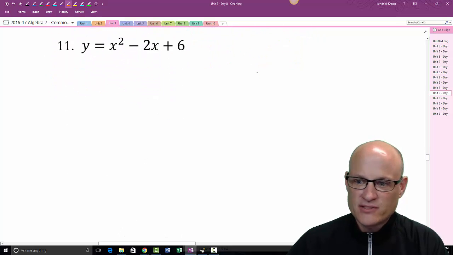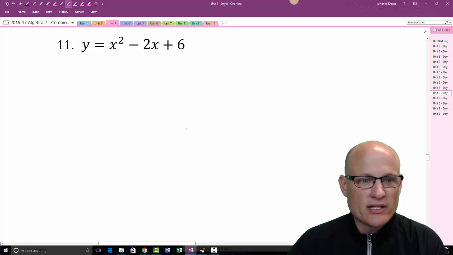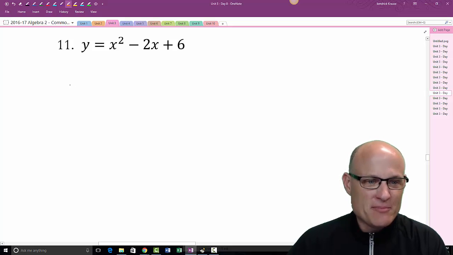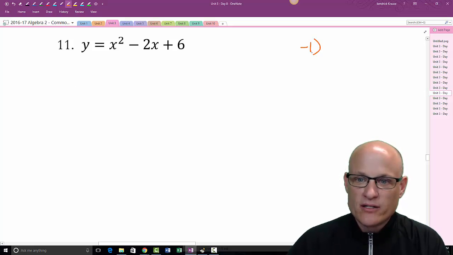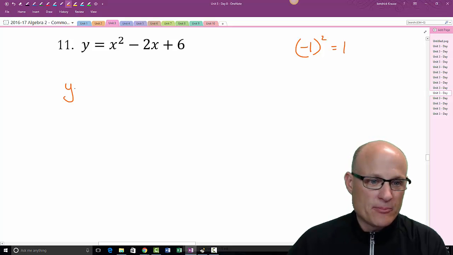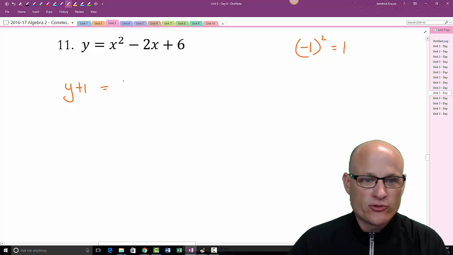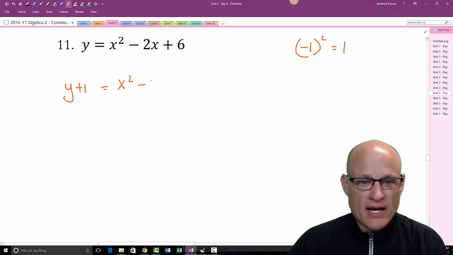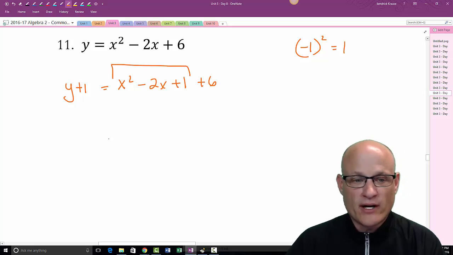All right. Is this the last problem? I don't think this is the last problem. All right, let's go. So half the middle is negative 1, and negative 1 squared is just 1. So y plus 1 is equal to x squared minus 2x plus 1 plus 6. Remember, we want to create this perfect square trinomial.